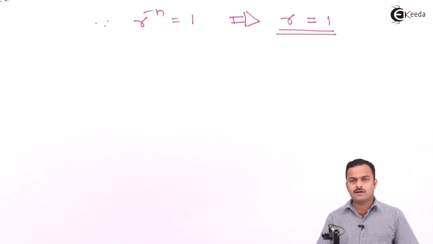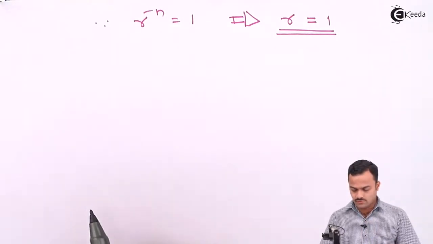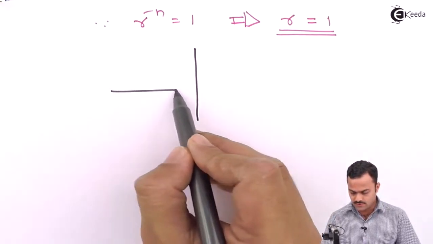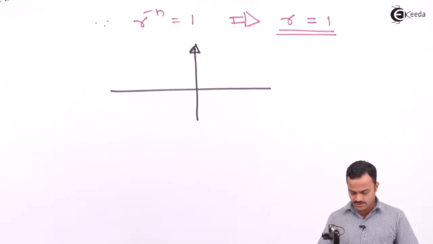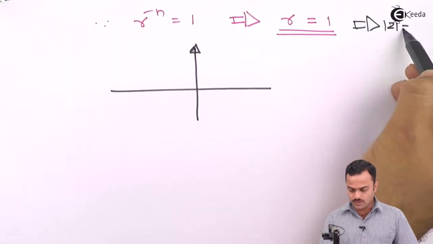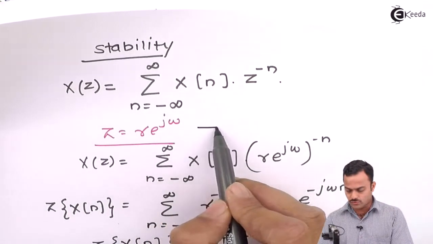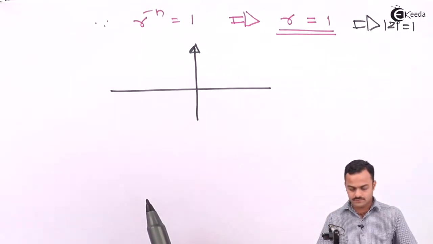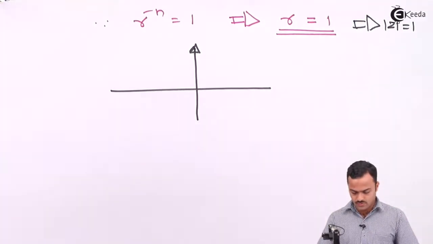R is nothing but a radius. So how can I relate this? For stability, I should have an ROC which includes r equal to 1, or I can say mod z equal to 1. Because if z equals r e raised to j omega, this implies mod z equals r. So r equal to 1 implies mod z equal to 1. What is the meaning of this?